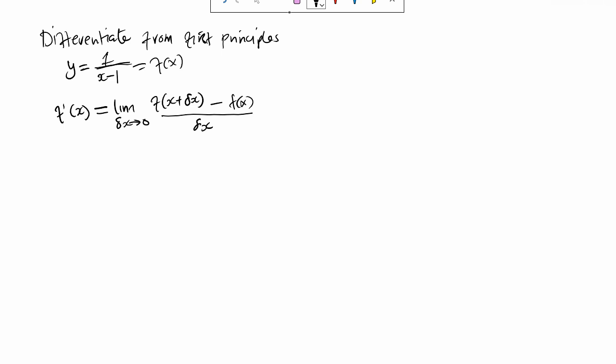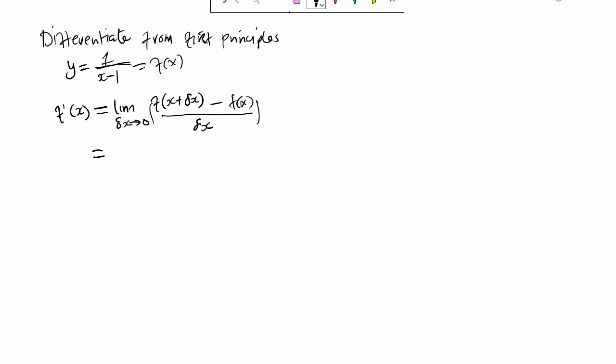Now let's see how to apply this to get the differential coefficient. I shall start by first working out this part, and then later I shall introduce the limit as change in x approaches 0. Now let's proceed.